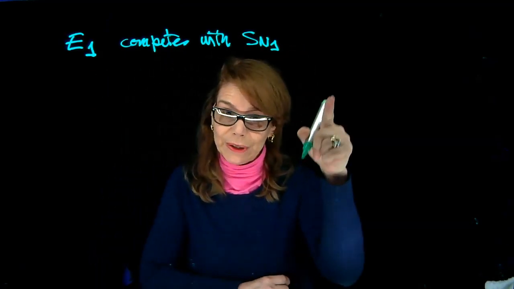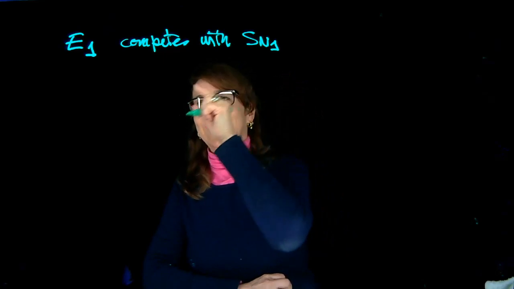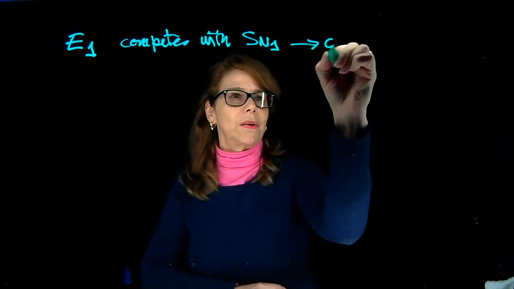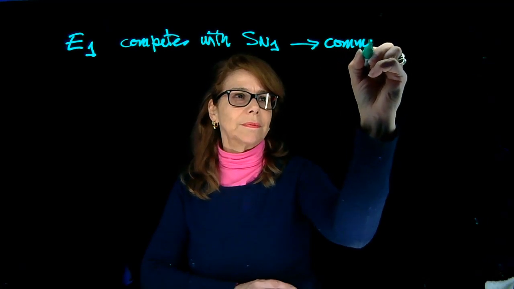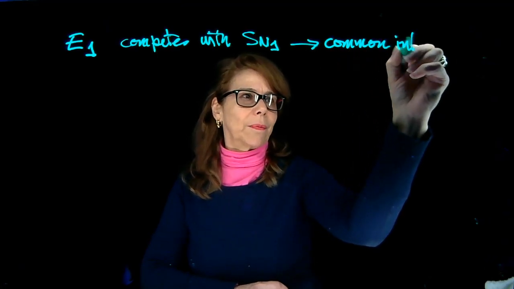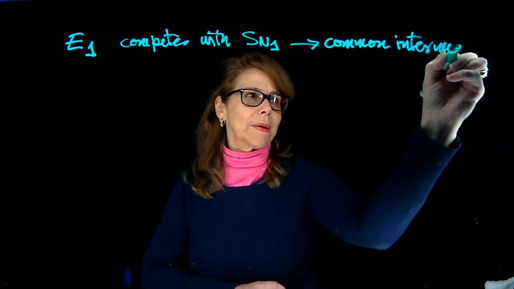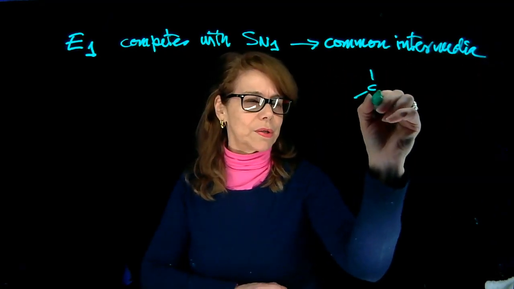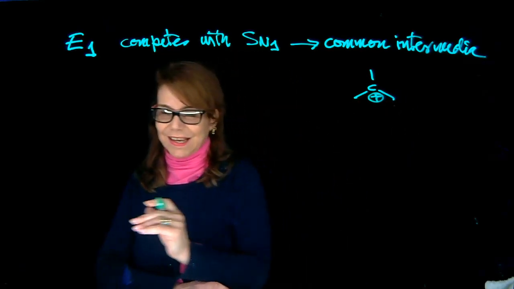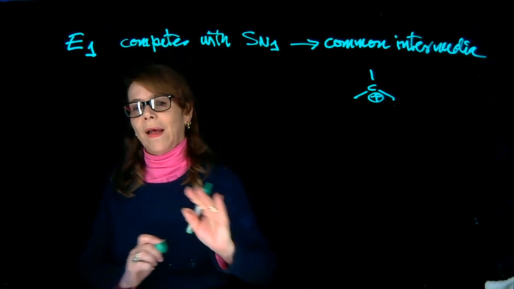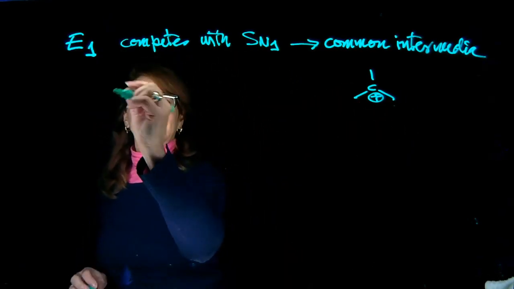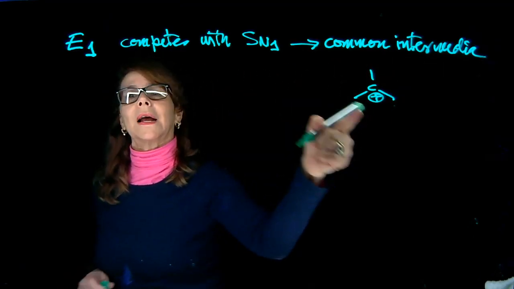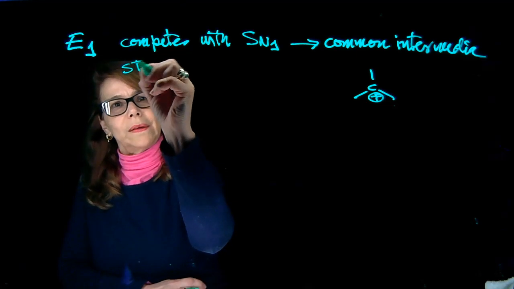What they have in common is that they happen stepwise, and they have the same common intermediate, and that is a carbocation of some sort. That's the general, and that's trigonal planar. Because this reaction happens with the formation of a carbocation, it is also stepwise.